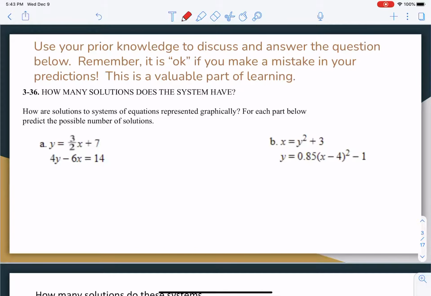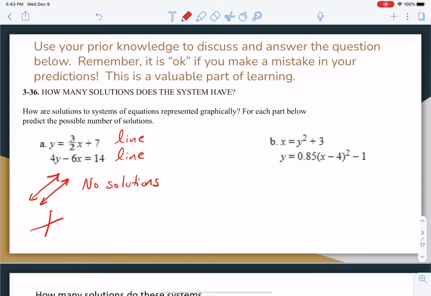So if I'm going to try and predict how many solutions I have for these systems, I have to look at the equations and determine what kind of equations they are. This first equation is a line, and my second equation is a line. So if I think about how two lines can intersect, those lines can be parallel, which means there would be no solutions or no intersection points.